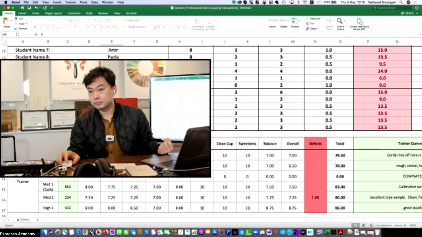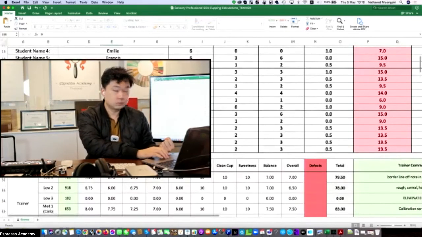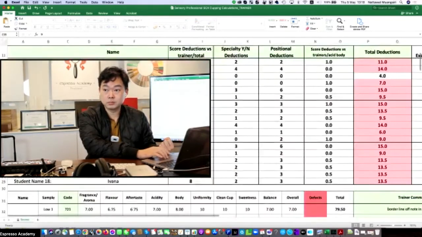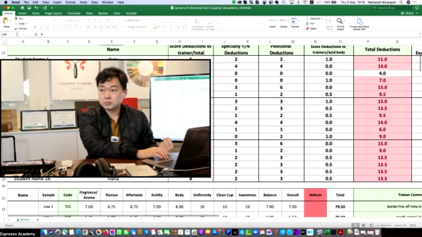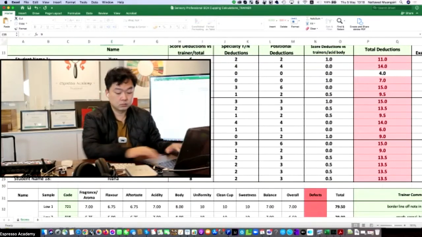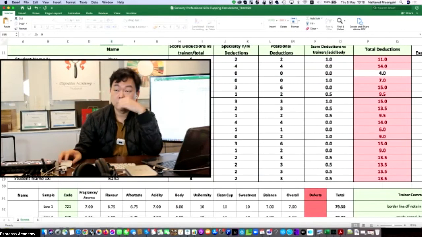Yes, just one short question, if you allow. Yeah, go ahead. I don't understand 100% the attribute of uniformity. Does that mean that we need to assess the uniformity within or between different samples or different coffees?